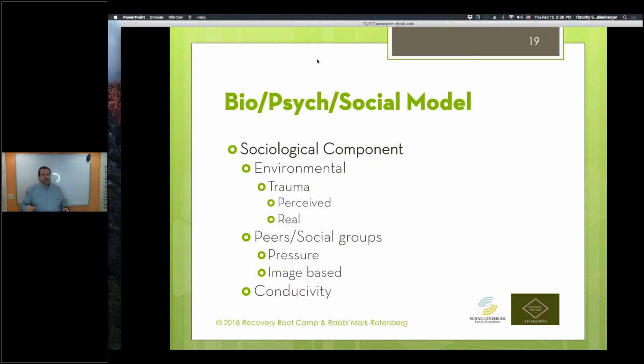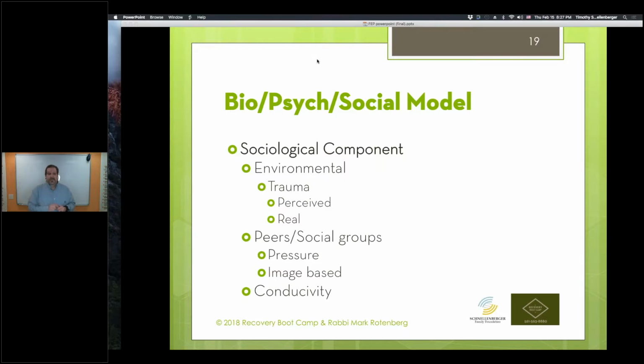So in the sociological component, we're talking about environmental things, not so much peer groups, but trauma specifically. And trauma is interesting. The biggest trauma that almost every alcoholic and addict suffers from is the trauma of abandonment and rejection. These two particular psychological traumas are what nearly every addict suffers from.